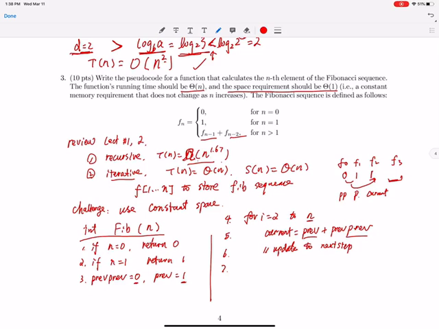Before I go to the next i value, I need to forget about the old previous and update previous to be the value in current. This part is repeated until i is counted up to n. In the end, you just need to return current.